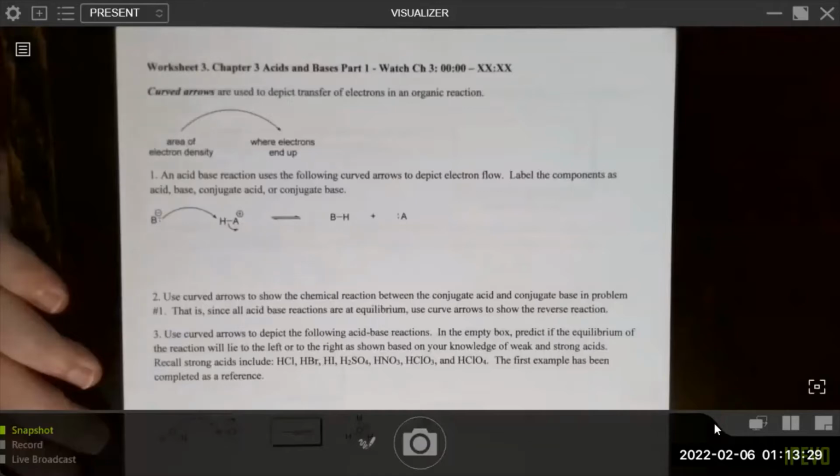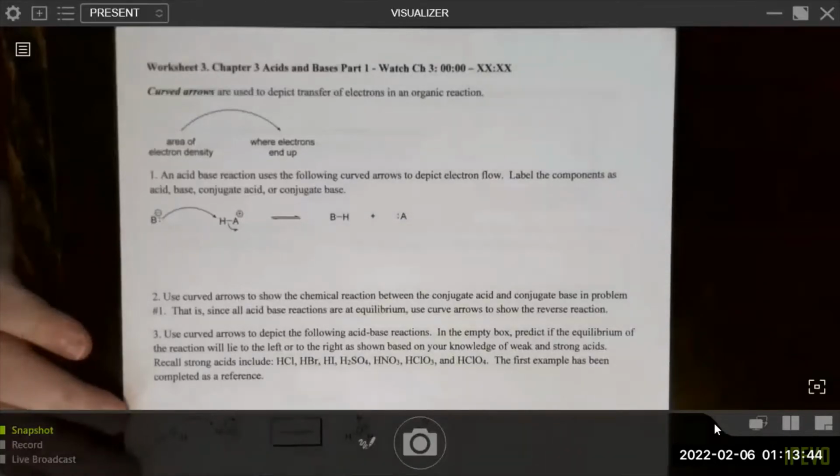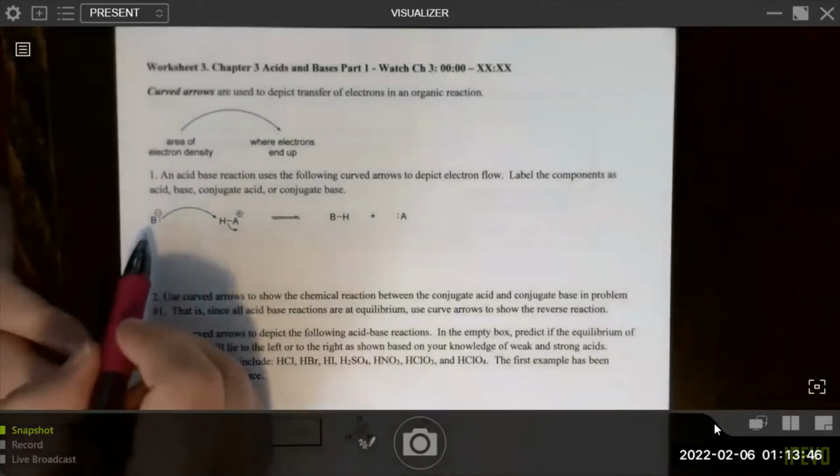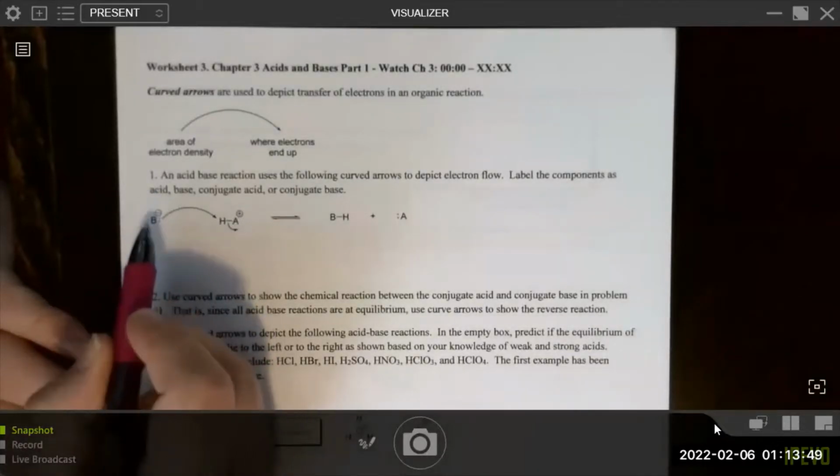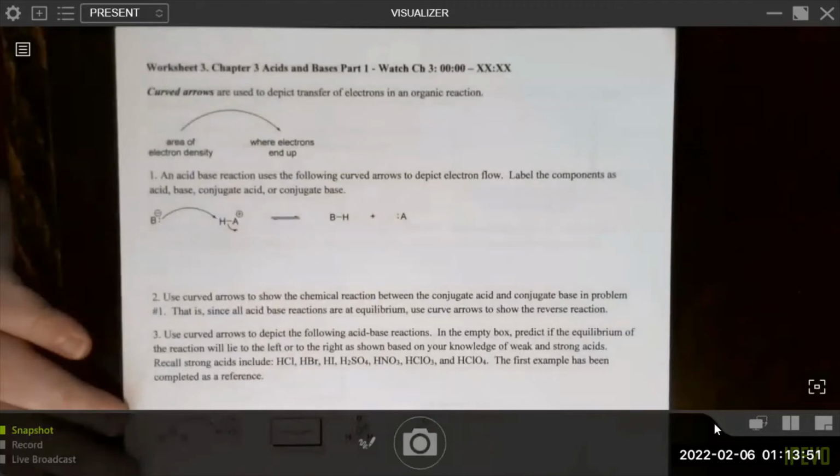It says an acid-base reaction uses the following curved arrows to depict electron flow. Label the components as acid-base, conjugate acid, or conjugate base. So hopefully you learned from the lecture video that a base is something that takes a proton from an acid.